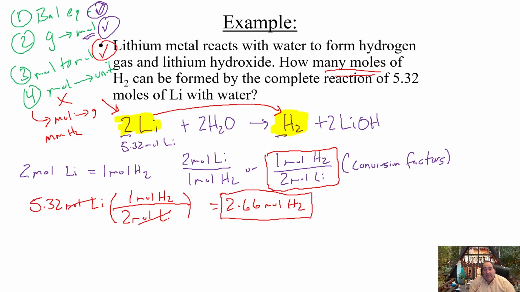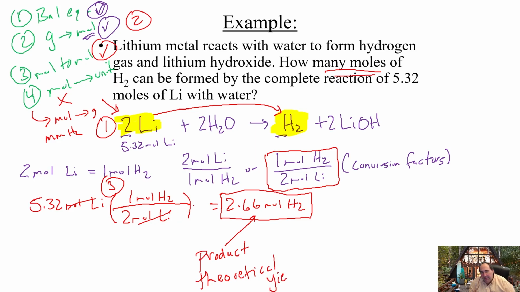So in this case, we actually only had to do 3 of the 4 steps. Step number 1, balance the equation. Step number 2 was done for us. Step number 3 was our mole-to-mole relationship. Again, we're just going to go in order as we go through this. By the way, this is a product that was produced, and this is what is sometimes referred to as the theoretical yield.